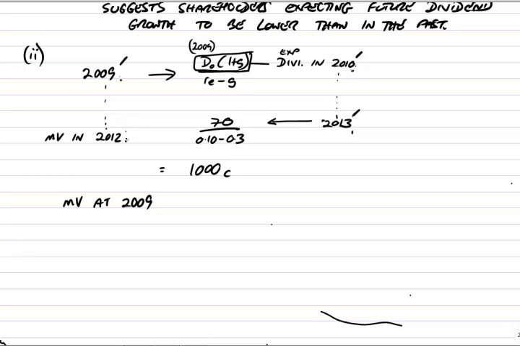But to go back from 2012 to 2009, we're going to have to discount 3 years. So it's 1,000 times the 3-year discount factor at the shareholders' required return, the cost of equity, 10%. And the 3-year discount factor at 10% is 0.751.